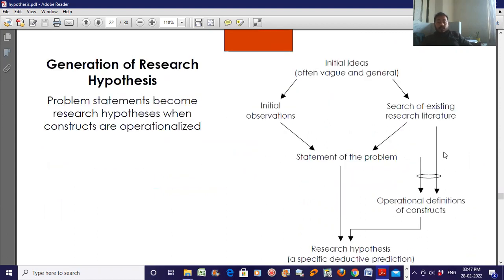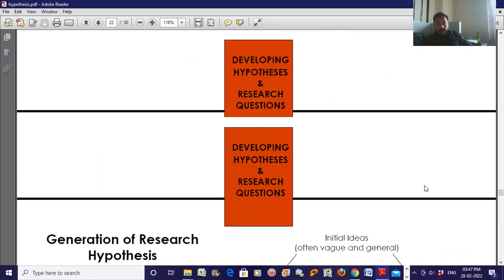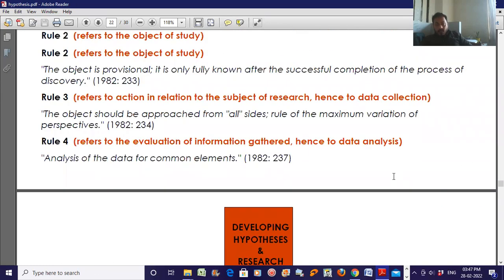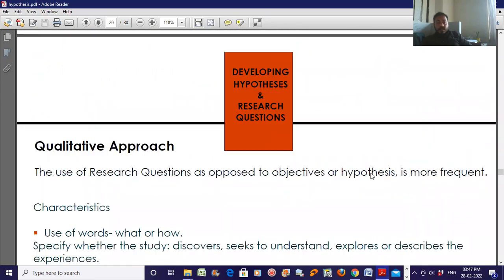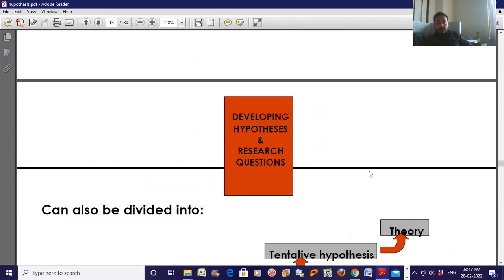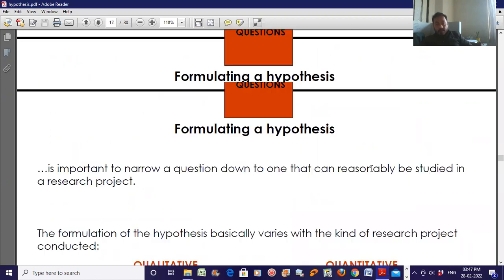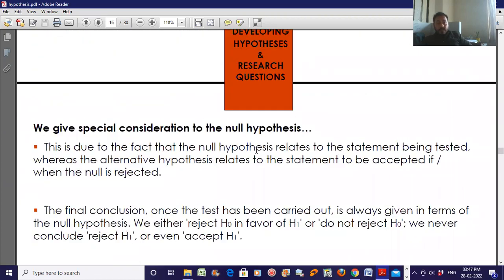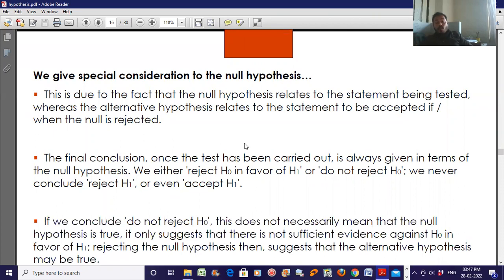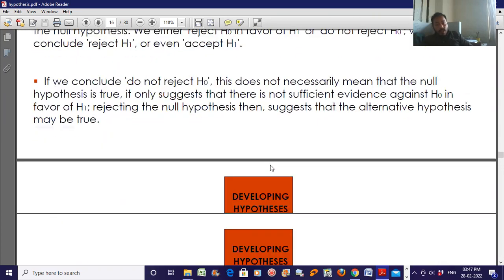Now, from the beginning, what we have been discussing is exactly hypothesis, and we have gone through the different types of hypothesis, and then we have seen the importance of the null hypothesis in any research proposal. Then again, what is the importance of the alternative hypothesis with respect to the null hypothesis?